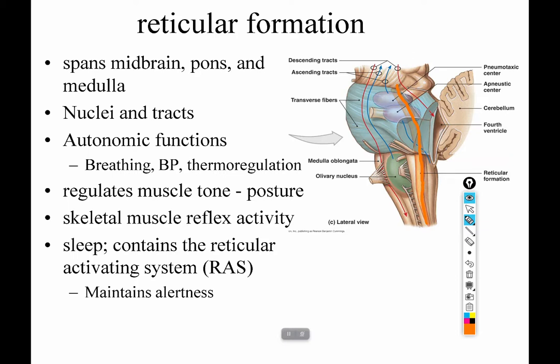So this consists of both nuclei and tracts. And it influences the autonomic functions that are primarily coordinated by the pons and the medulla oblongata.